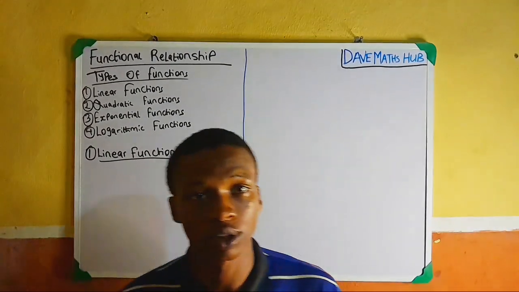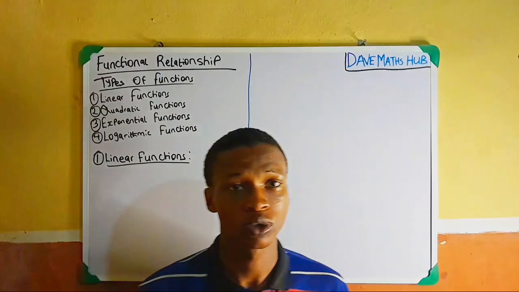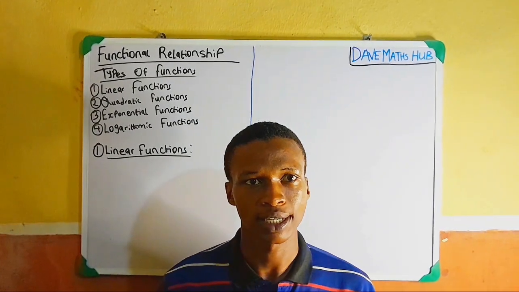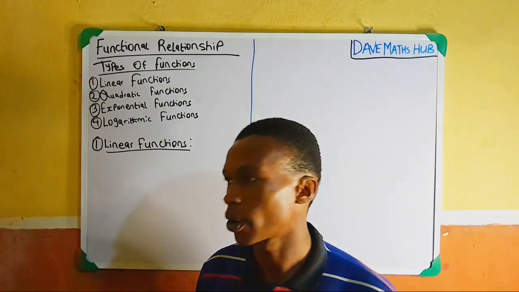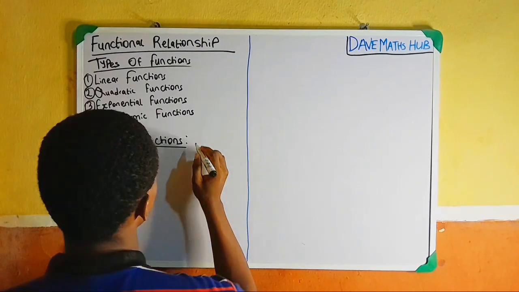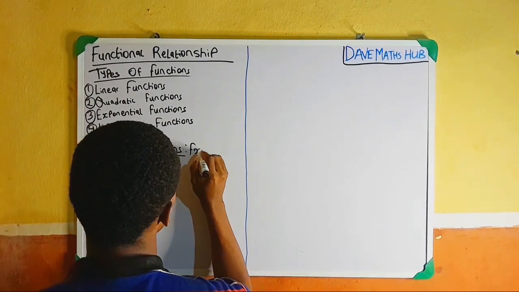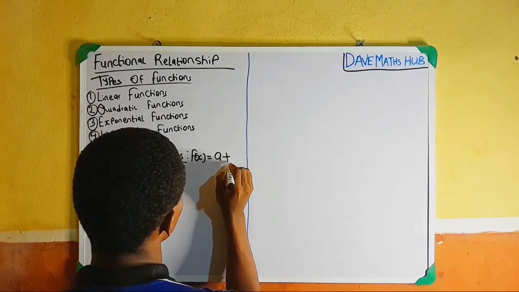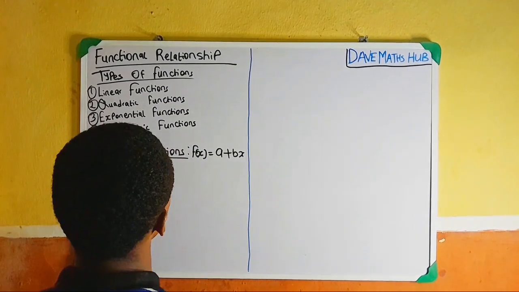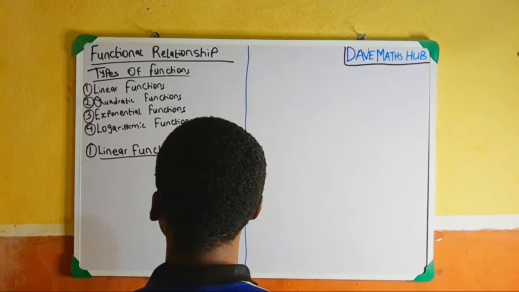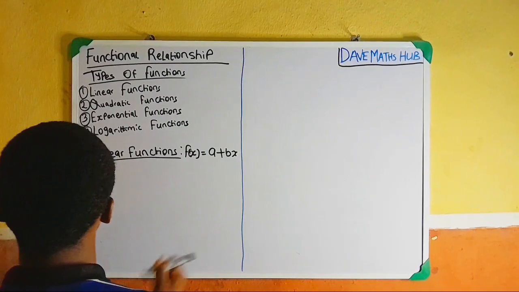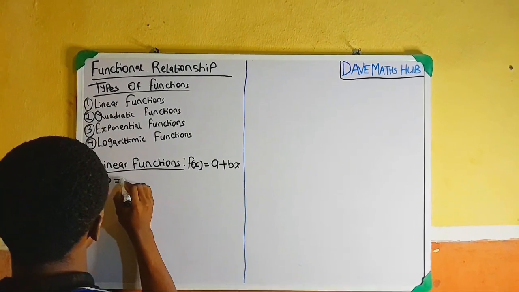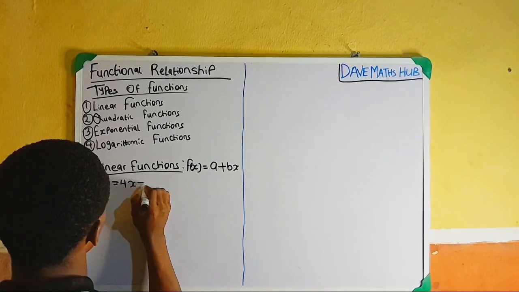This is a function in which the variables are of first degree. What do I mean? That is, they are having no raised to power. So we can say it is generally in the form of f of x equals a plus bx. As simple as this. Remember from our first example, I used f of x equals 4x plus 3.